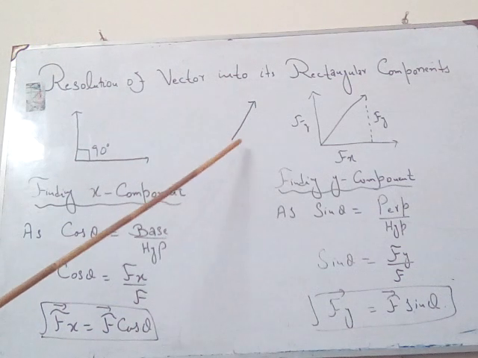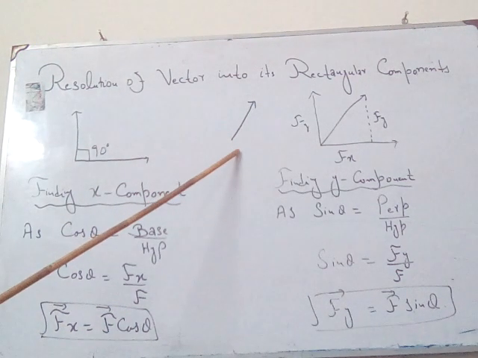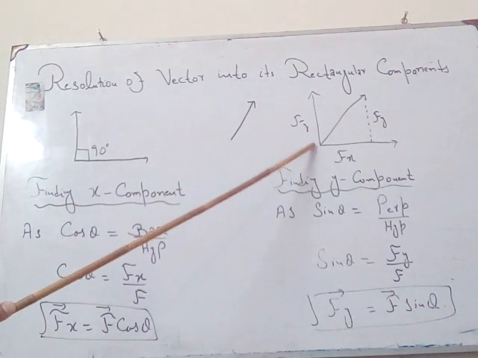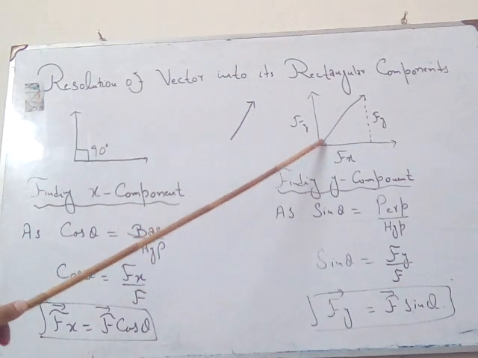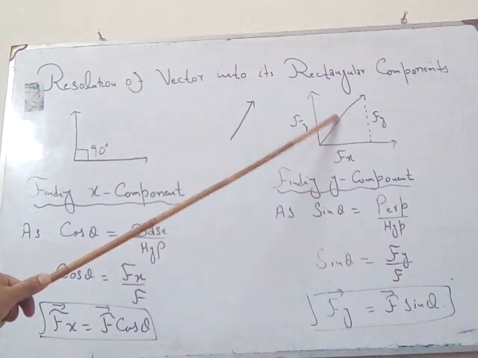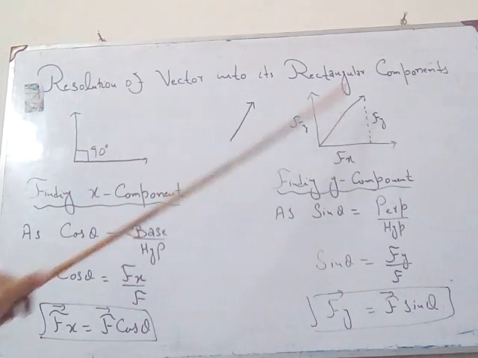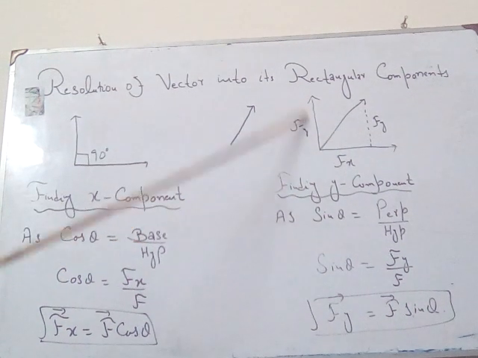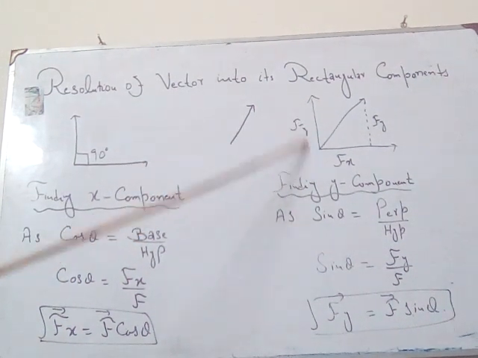If we have this force and we want to resolve it into its rectangular components, then on the x-axis the projection of this vector will be Fx, and its projection on the y-axis will be Fy.